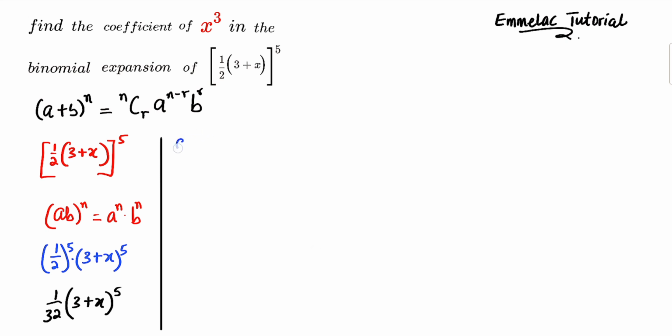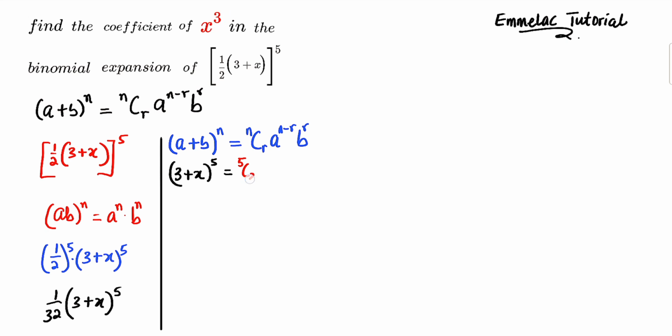Let me make it clearer. (a + b) all raised to n equals n combination r, then a raised to n minus r, then b raised to r. Bringing this over here, we have (3 plus x) all raised to 5, then equals: our n is 5, so we have 5 combination r, where r is the coefficient we are looking for, which is 3.